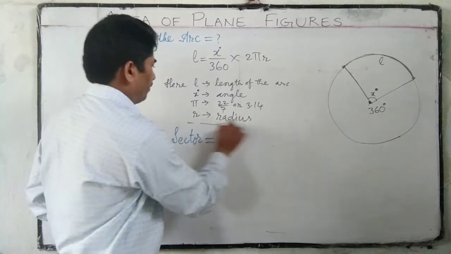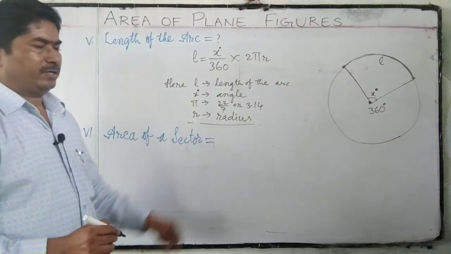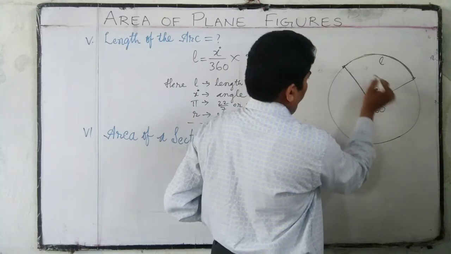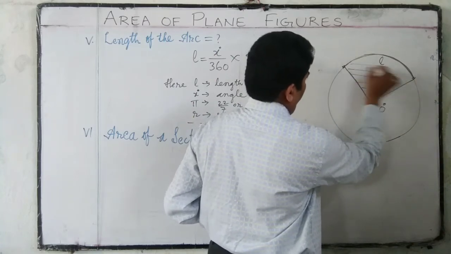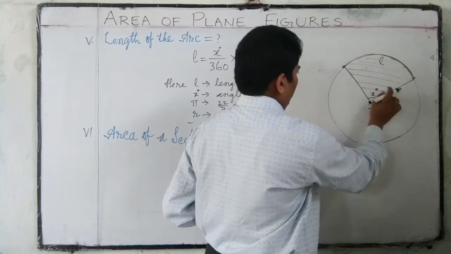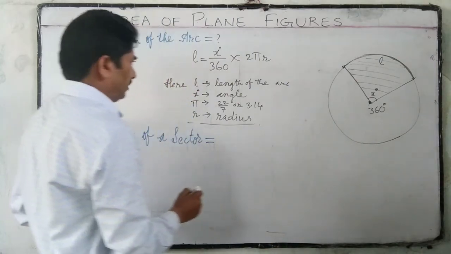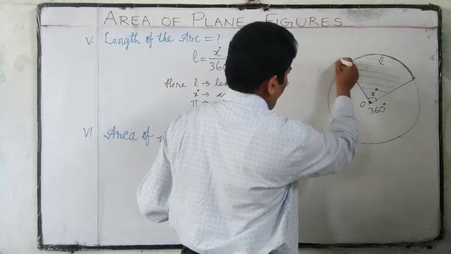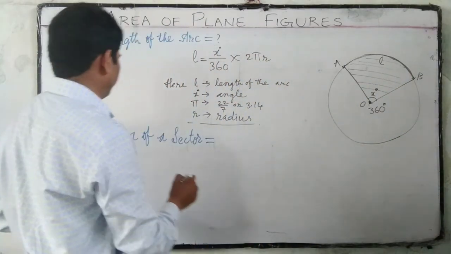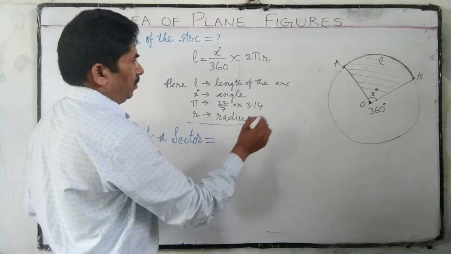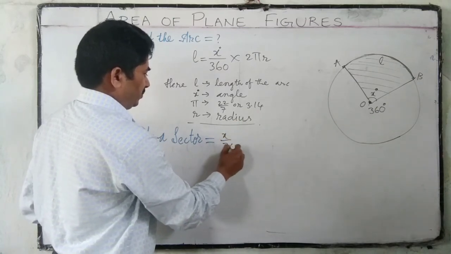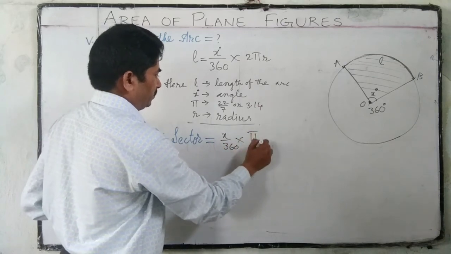Next, area of a sector. What is a sector? In this, this is called a sector. OAB is a sector. Area of sector OAB is equal to x by 360 into pi r square.